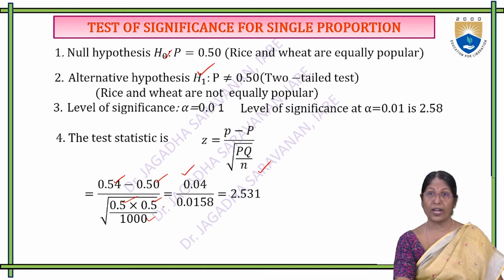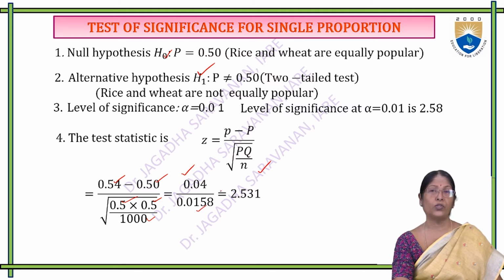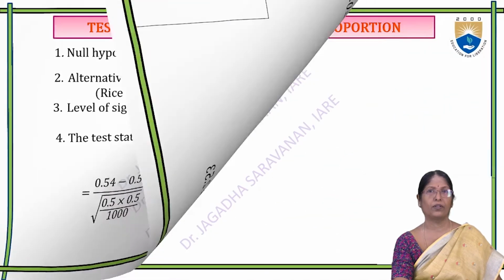The numerator we obtained is 0.04 divided by 0.0158. The final result is 2.531. We take the modulus, that is 2.53.